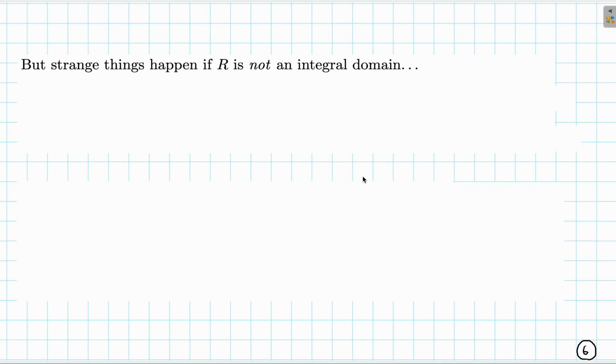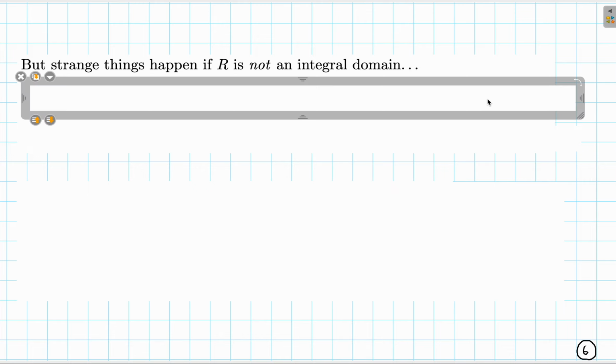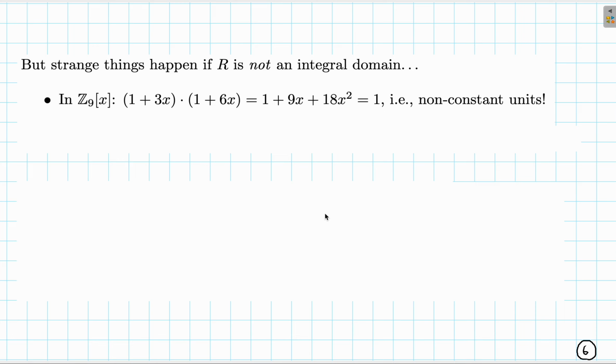But if our coefficients do not come from an integral domain, then as we saw in the classwork, strange things can happen. For example, in Z9[x], where 9 is not an integral domain, when we multiply 1 plus 3x by 1 plus 6x, and then we reduce the coefficients in Z9, so 9 is equal to 0 in Z9, and 18 also equal to 0 in Z9, then we see that the product is 1.